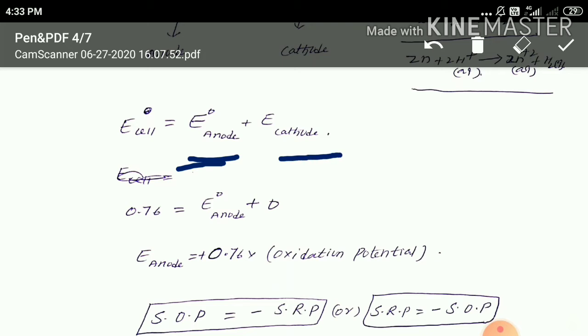I already explained yesterday, for hydrogen the electrode potential value is 0, whether it acts as a cathode or anode.